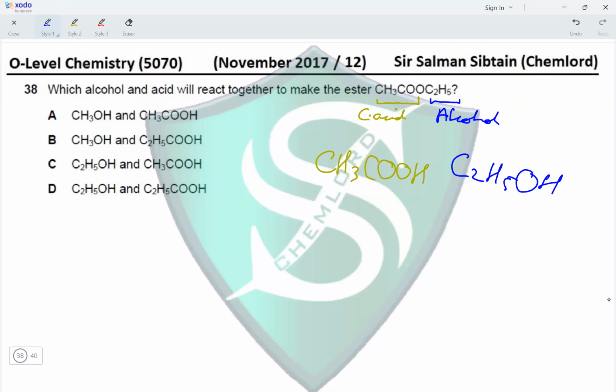So CH3COOH is present in option A and option C, whereas C2H5OH is present in options C and option D. So the only option with both the carboxylic acid and alcohol present in it which are correct is option C. Therefore, C is the correct option for this question.